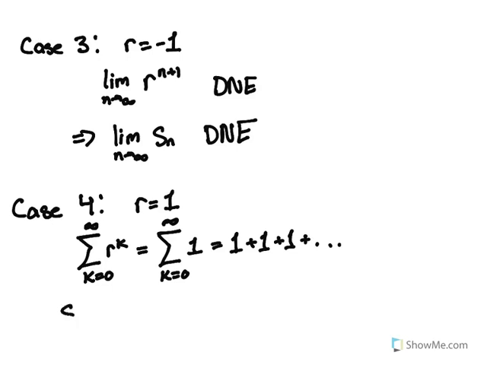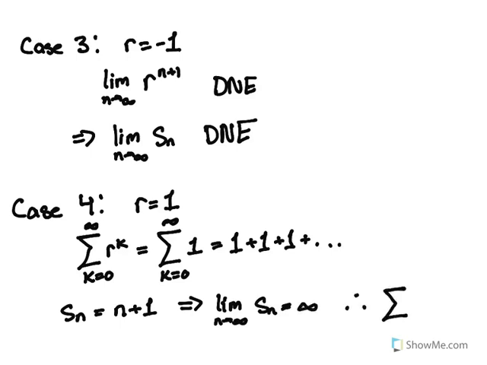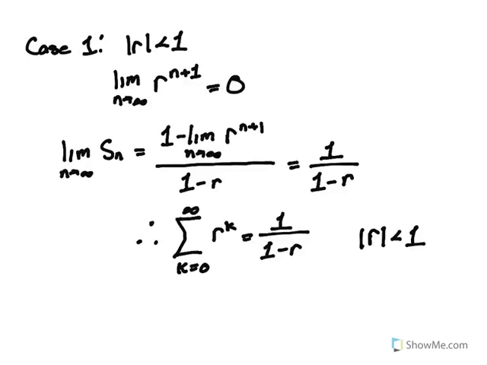In this case, the partial sum Sn is just the sum of n plus 1 ones, which is n plus 1, which implies that the limit as n goes to infinity of Sn is infinity. Once again, this implies that the geometric series does not converge; it diverges. And this concludes the proof, as we've covered all cases for r.